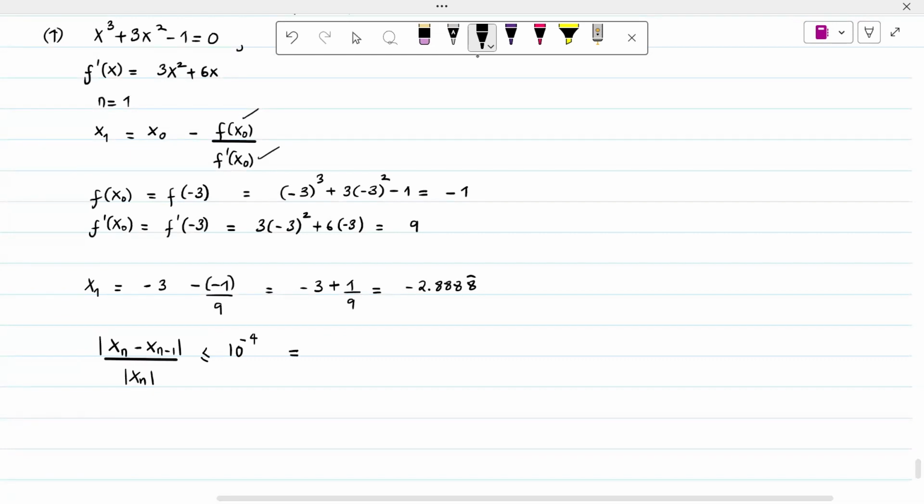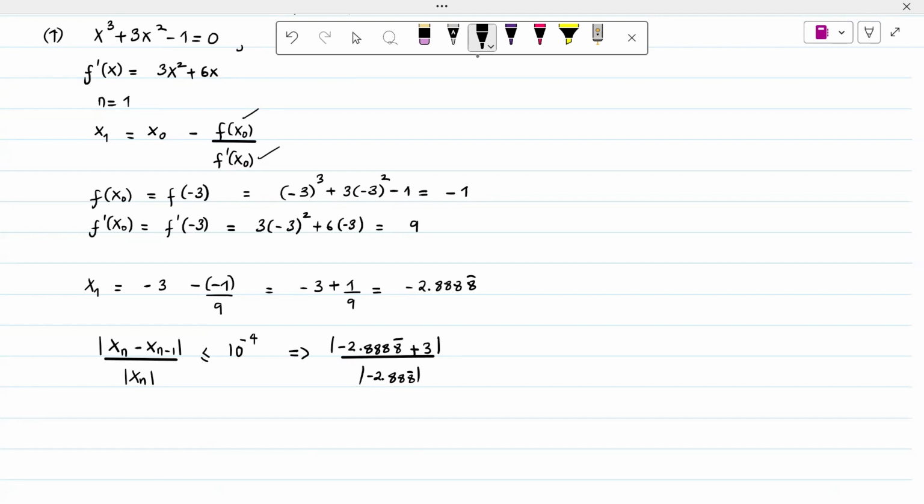So if we substitute these values, the present value xn, in this case, is -2.8 repeated, and then minus the previous value, which is -3. So this will be +3, divided by the present value, which is 2.888 repeated. But of course, we're just interested in the value itself, not the sign.